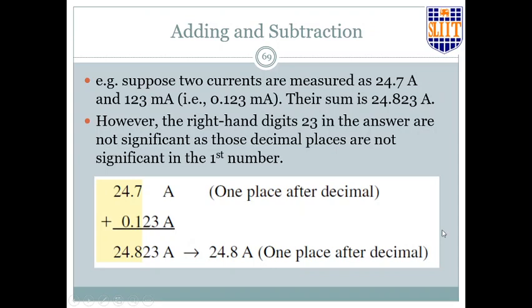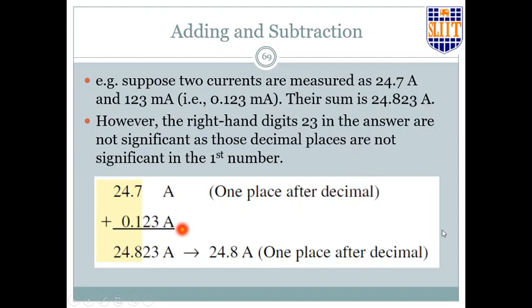Addition and subtraction. Now let's take this example. 24.7 amperes. So 3 digits read from the multimeter. You don't know what is there after the 7. You don't know. That can be 0, 1, 2, 3, 4 up to 9. Right?